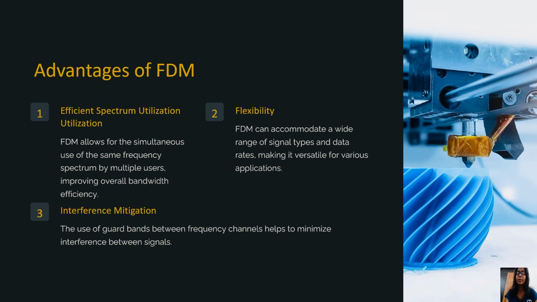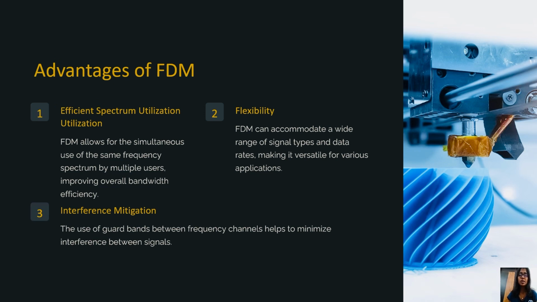So FDM can accommodate a wide range of signal types and data rates, making it versatile for various applications. It allows the same frequency spectrum to be used by multiple users, improving the overall bandwidth efficiency.